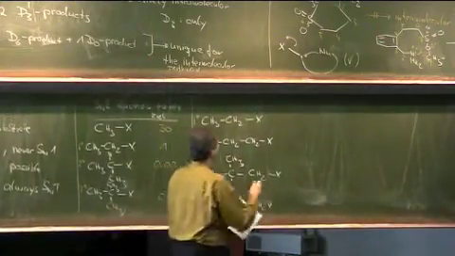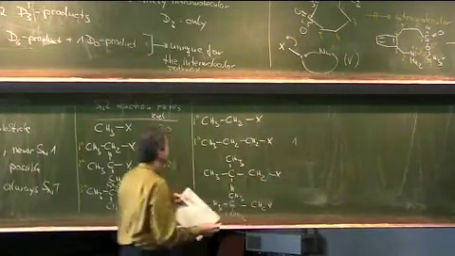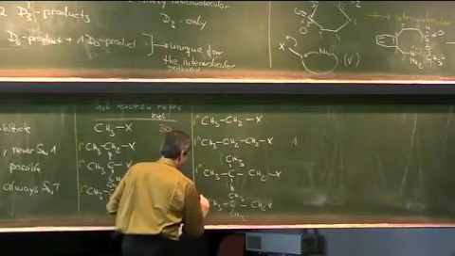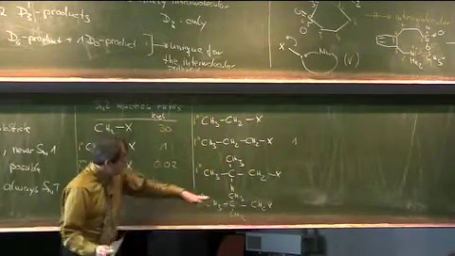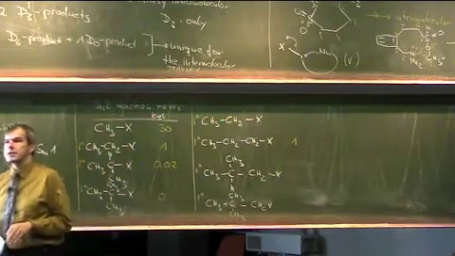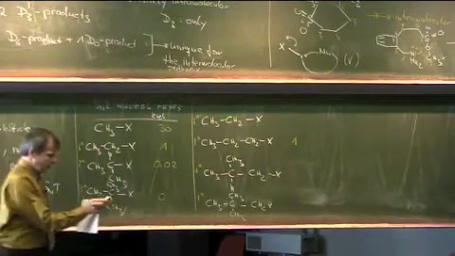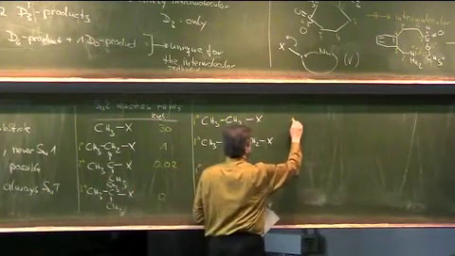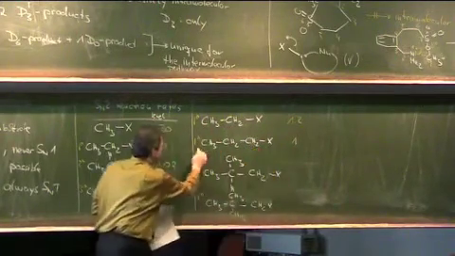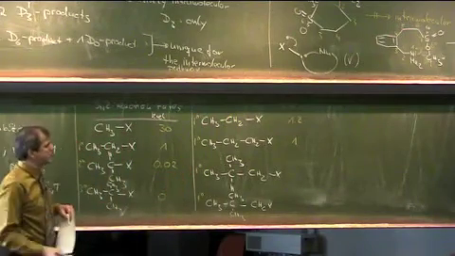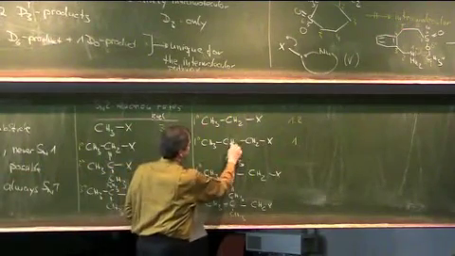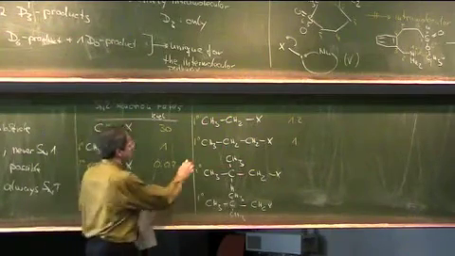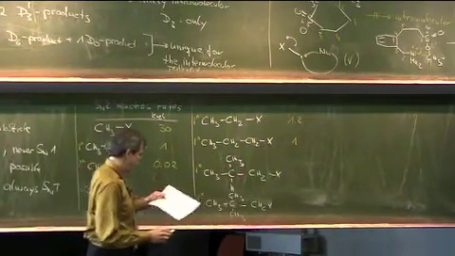Here the relative rate is set to 1. All of these are primary, but what you see is that the center next to the primary center becomes progressively larger. In this case, the one additional methyl group next to the reaction center does not make a big difference.